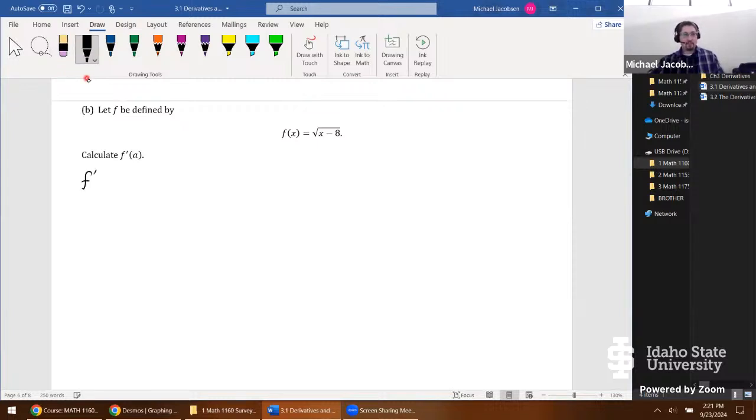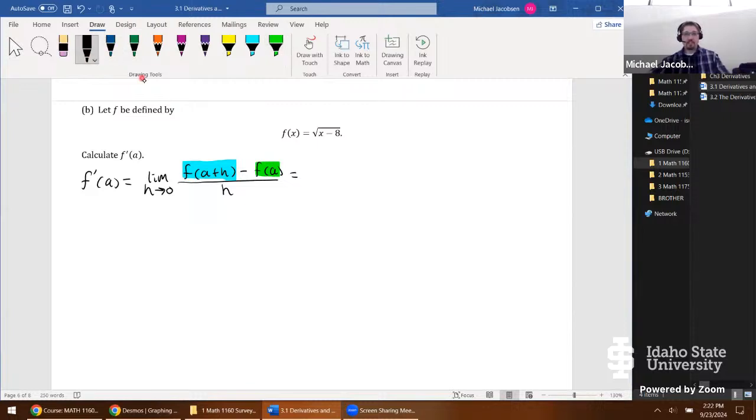So copying what they want, f prime at a is the limit as h goes to 0 of f at a plus h minus f of a, all of which is divided by h. This one deserves a little bit of color coding, so let's put blue here, green here.